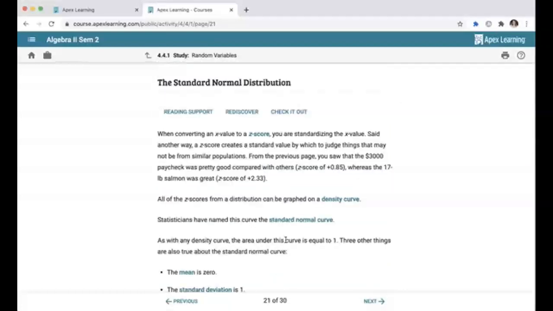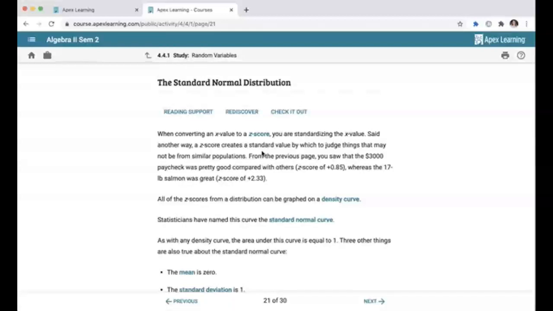Of course, you've got to understand your x values and how to look at your graph in order to calculate your mean and your standard deviation values in order to look at your z-score here.